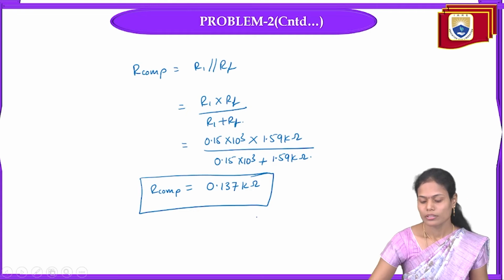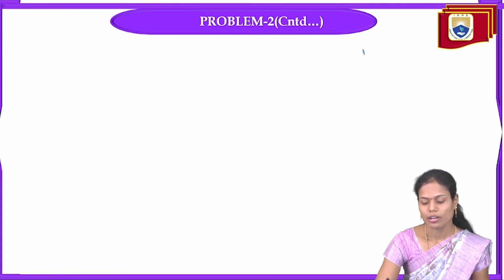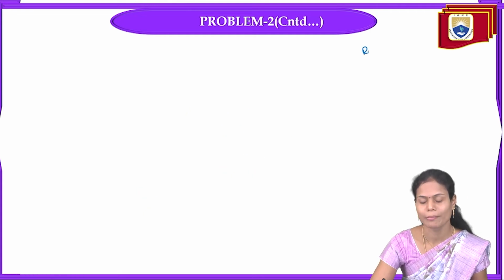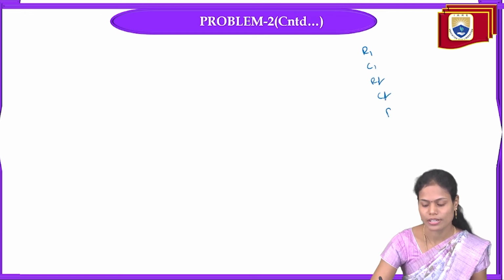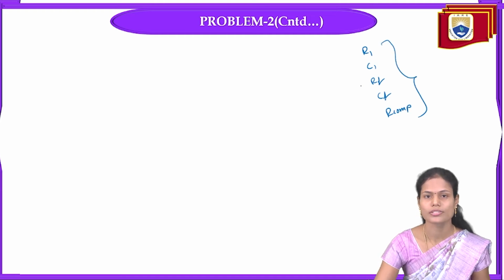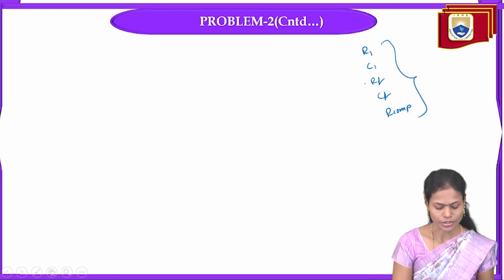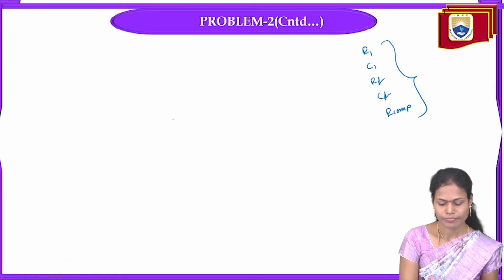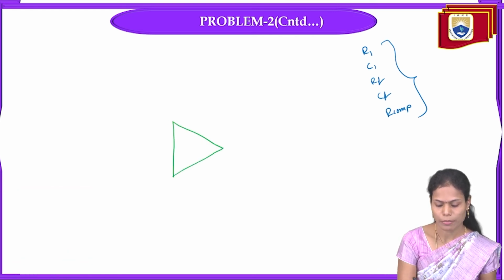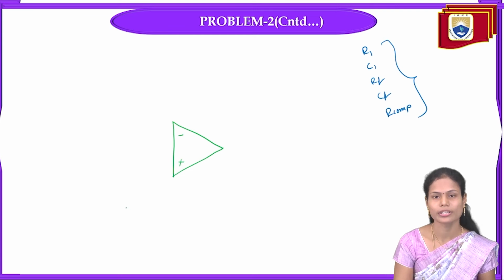Now we know the values of all the elements in the differentiator, that is R1, C1, RF, CF as well as R compensation. Using all these values, we can design the practical differentiator circuit. To draw that, I am taking the op-amp circuit with the inverting and non-inverting terminals.